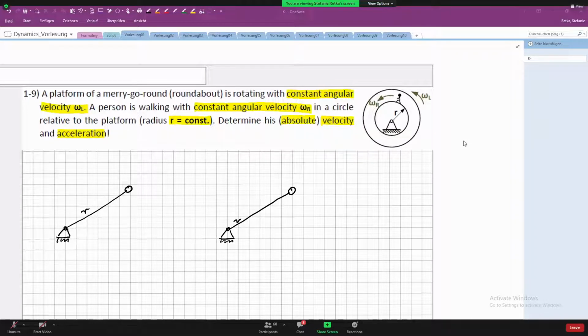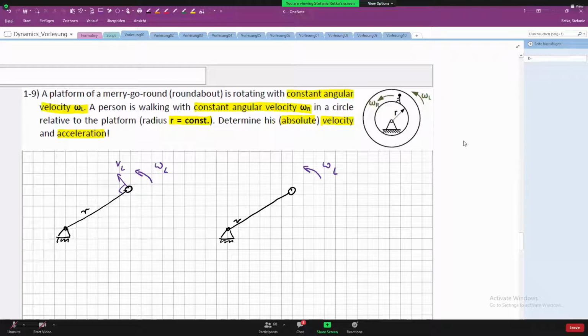So I will first draw the leading motion. This is our direction of angular velocity in both cases, of course. And then we have a velocity vector pointing tangential on the path in direction of travel. So this would be the direction of the leading velocity, perpendicular to the radius.